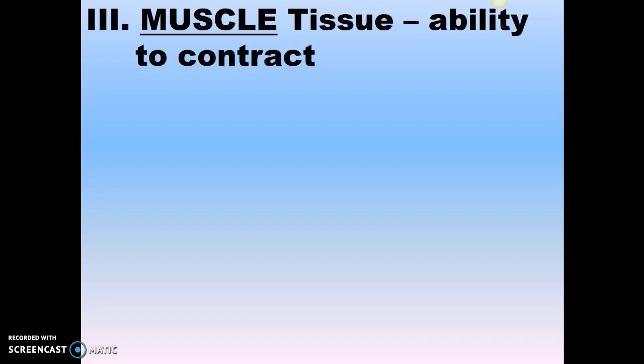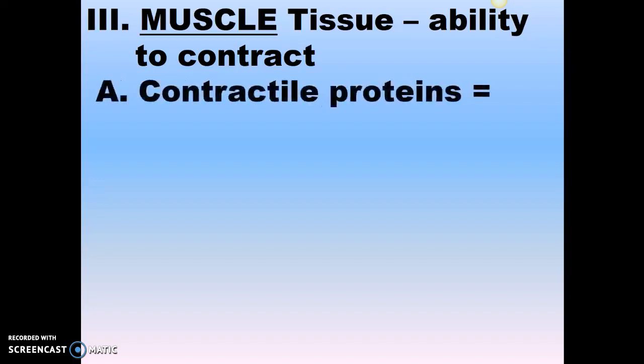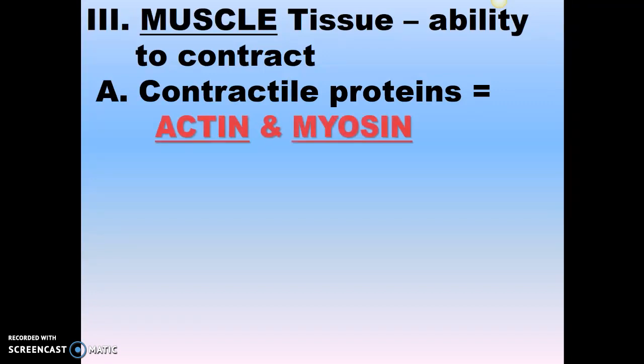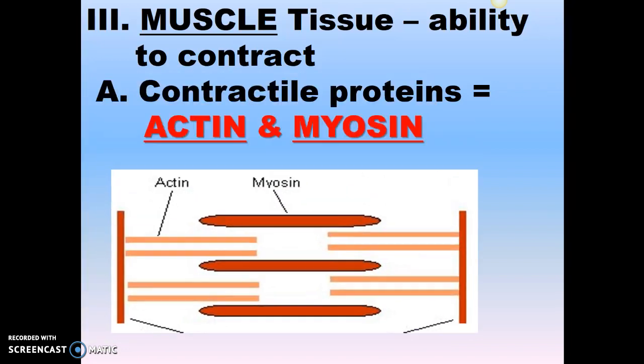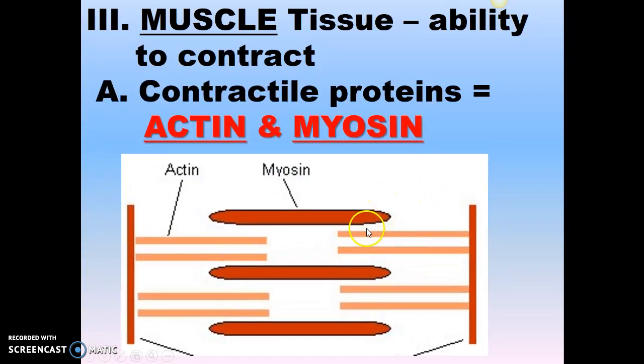So muscle tissue has the ability to contract. There's a bunch of proteins, but the two main ones are actin and myosin. Know these. Hey, look, they're in big, bold, and red. You got to know them. So the myosin has little heads, which will grab onto the actin fibers here, and they'll pull the actin fibers inwards. So these little Z bands on the end, these other proteins, will contract.